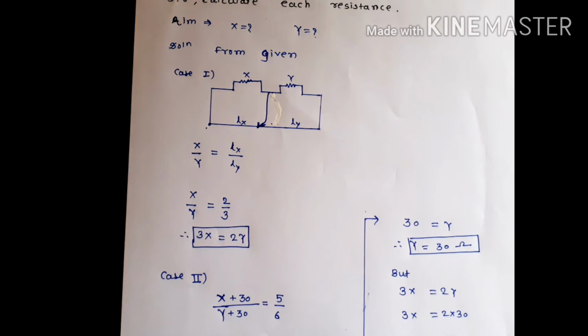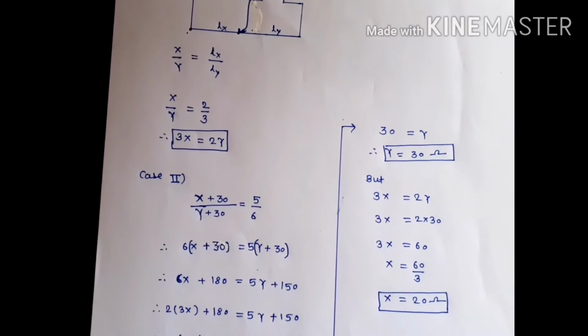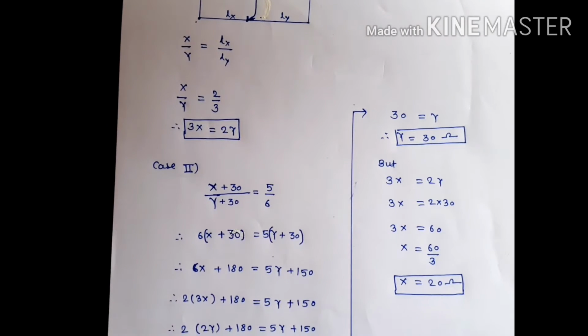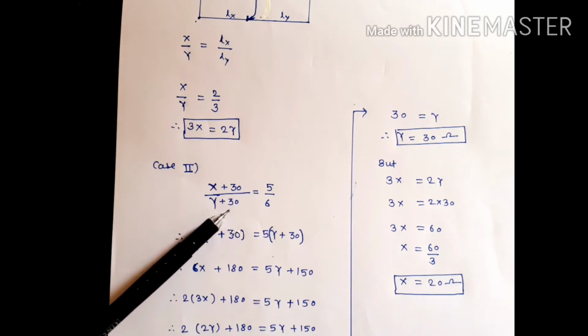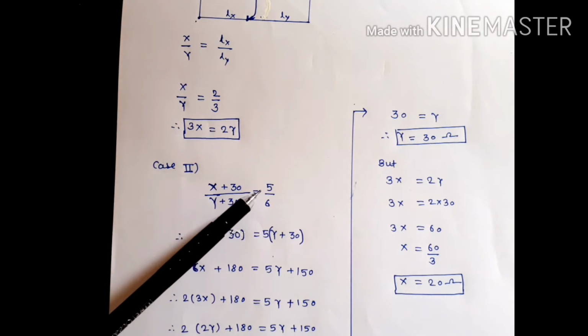Now, the case second. In the next case, each resistance is increased by 30 ohm. Then the null point divides the wire in the ratio 5:6. Here, X is increased by 30 ohm, Y is increased by 30 ohm.